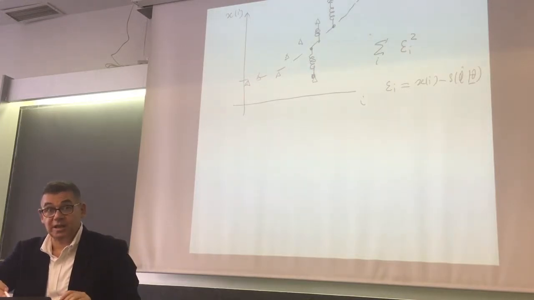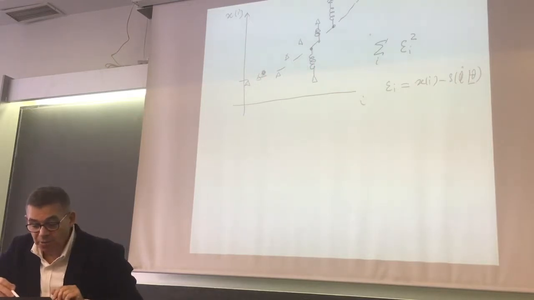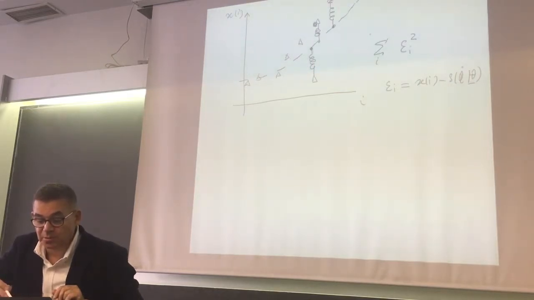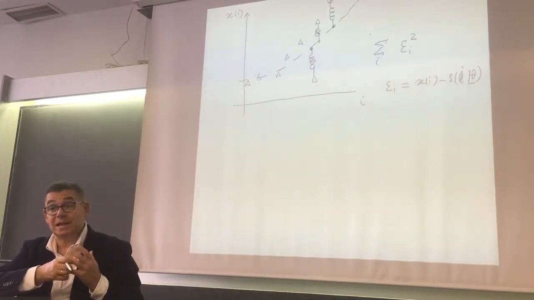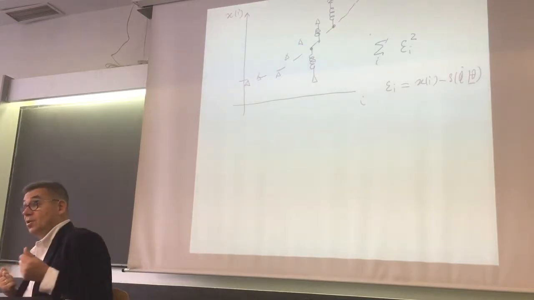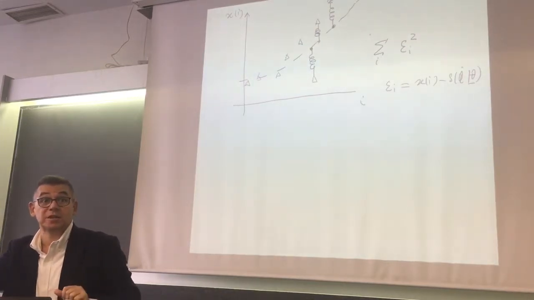If I have an error that is, I don't know, 10, and the others are 0.1, 0.2, 0.3, 0.1, and so on, this error equal 10 is pulling along, because the pulling effect is 10 to the square, which is 100.